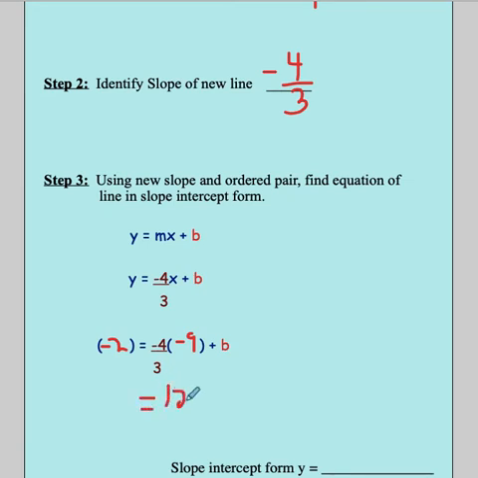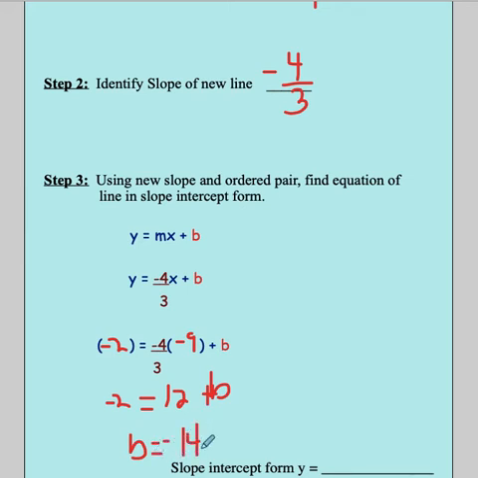I particularly like to do the division, and I get a 3 here. Either way, I still get 12. And then I am going to subtract 12 from both sides, and I'm going to get a y-intercept of negative 14.